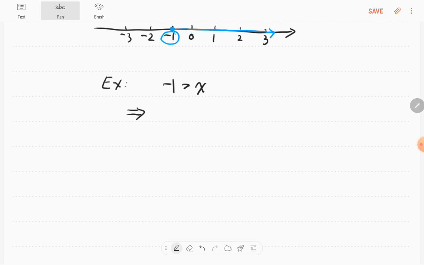If -1 is greater than x, in other words, x is less than -1. After we switch to the equivalent inequality, it will be much clearer to draw the graph. We still need to draw the number line and label the numbers first.